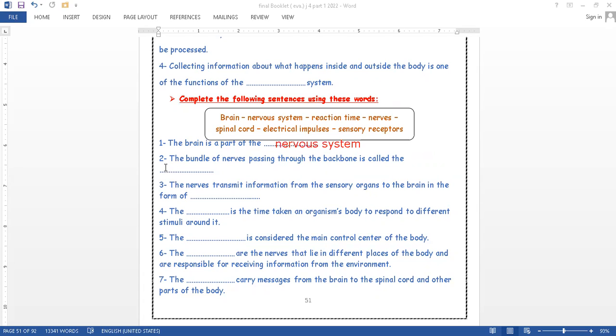Number two, the bundle of nerves passing through the backbone is called what? Here it means the part of the nervous system that goes through the backbone. It will be the spinal cord, and that's to be protected. Number three, the nerves transmit information from the sensory organ to the brain in the form of electrical impulses.